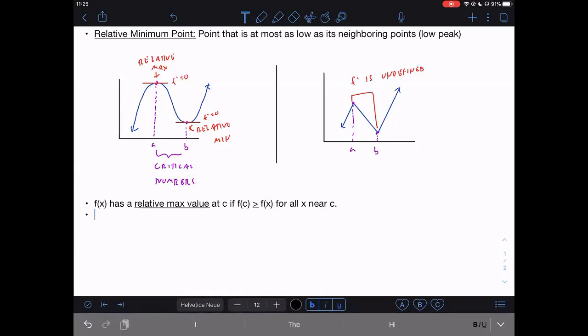And f of x is said to have a relative minimum value at some critical point represented by C if our function evaluated at the critical number is at most less than or equal to the values of the function of x for all other points near this critical number.